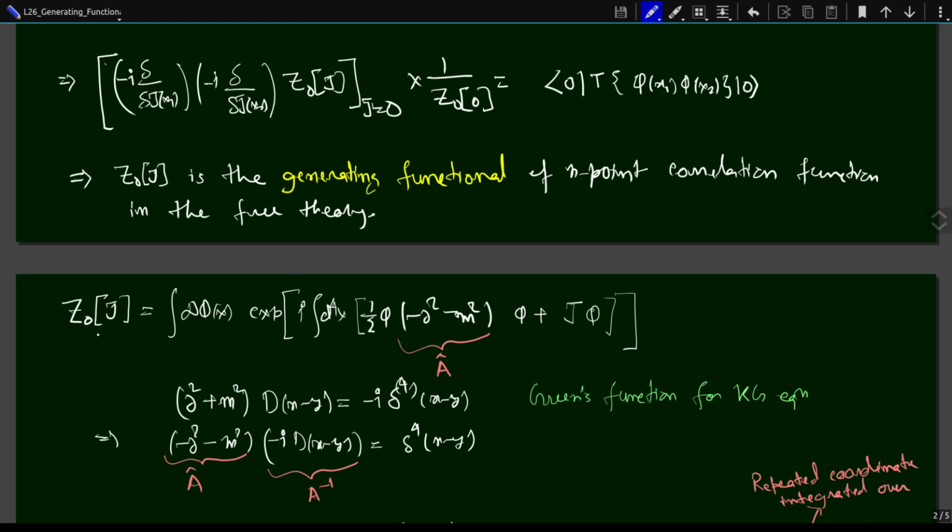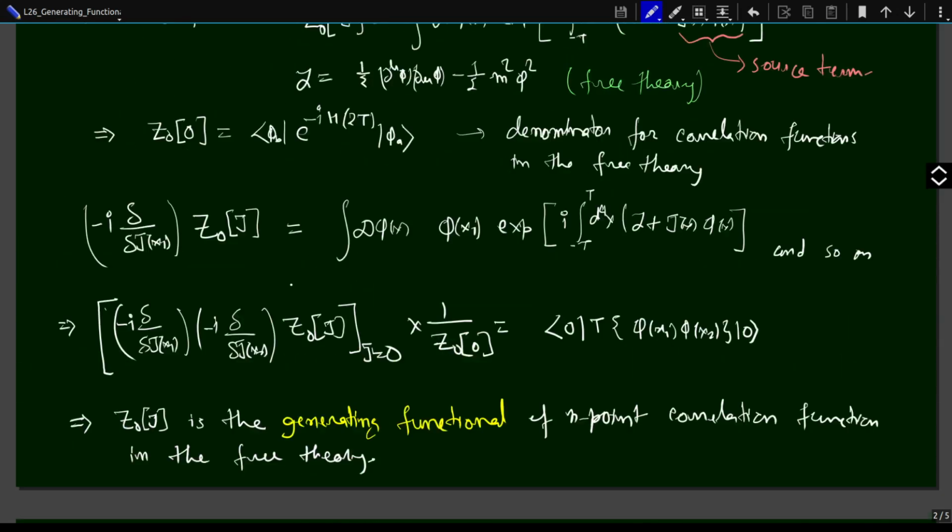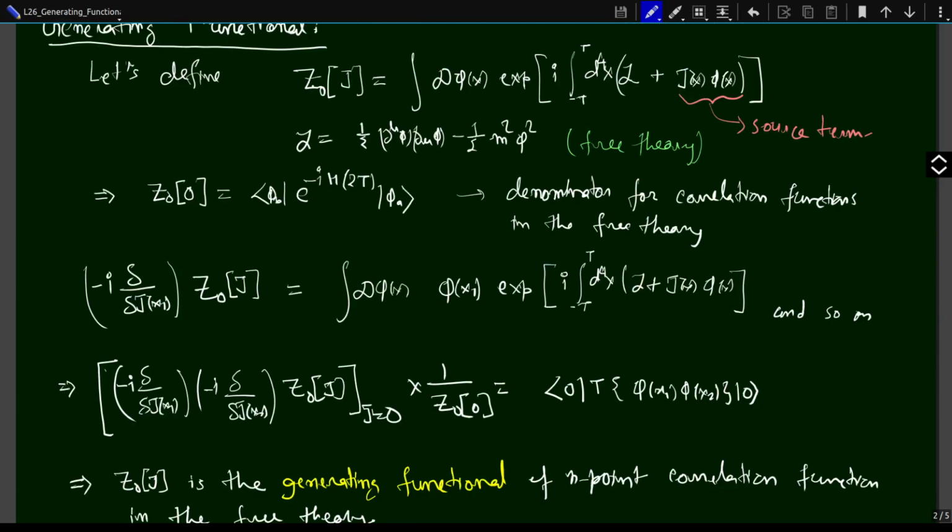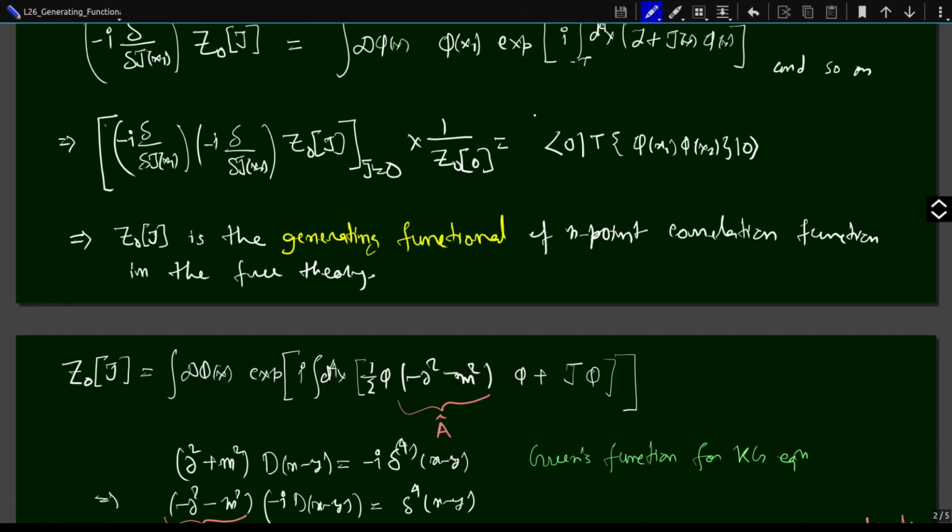If I look carefully again and try to evaluate this Z0[j], the idea is, can I evaluate this? In lecture 24, when we talked about the mathematics part of this, we actually considered exactly this kind of stuff, but we wrote it in terms of an operator.